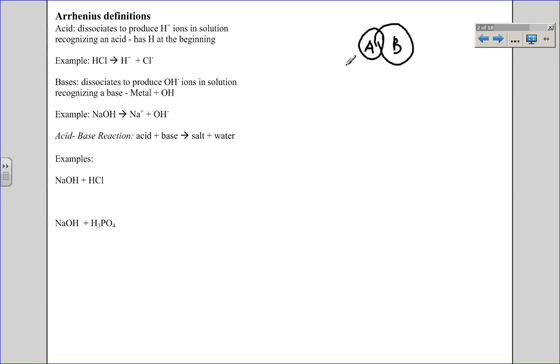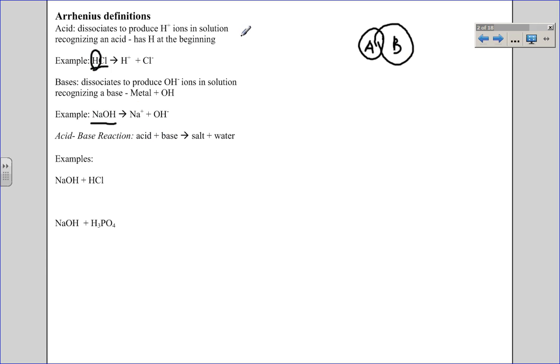Now, your experience with acids and bases before in chemistry has been mainly with hydrochloric acid and sodium hydroxide. And you've learned how to name these substances, and you've learned how to recognize that an acid is something that has an H in the formula.